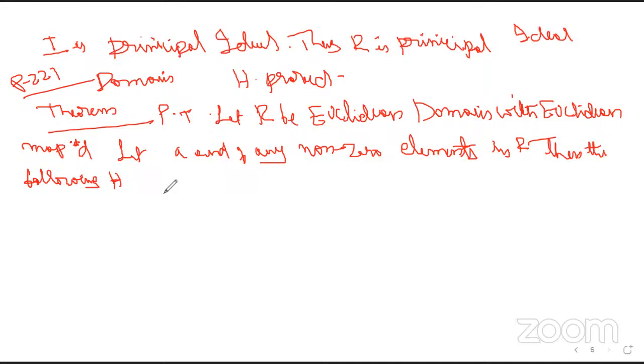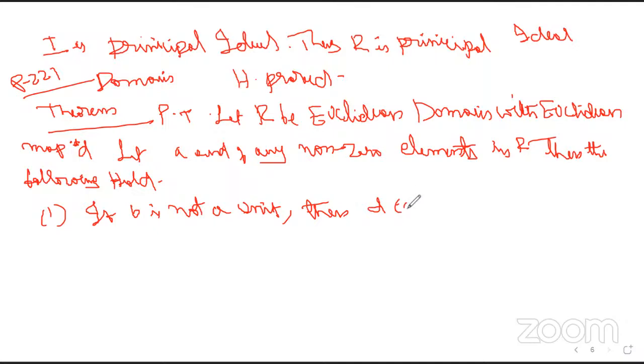Let A and B be non-zero elements in R. Then the following hold. The first one: if B is not a unit, then D of A is less than D of AB.